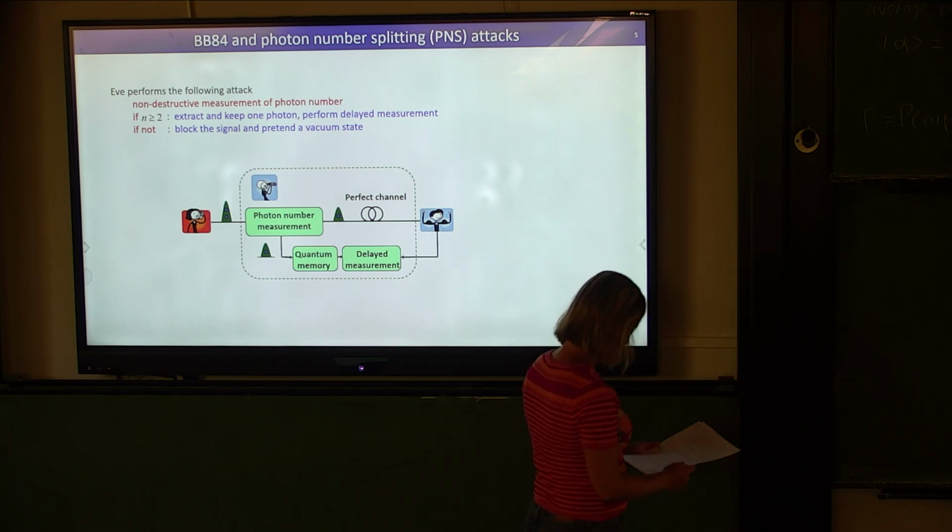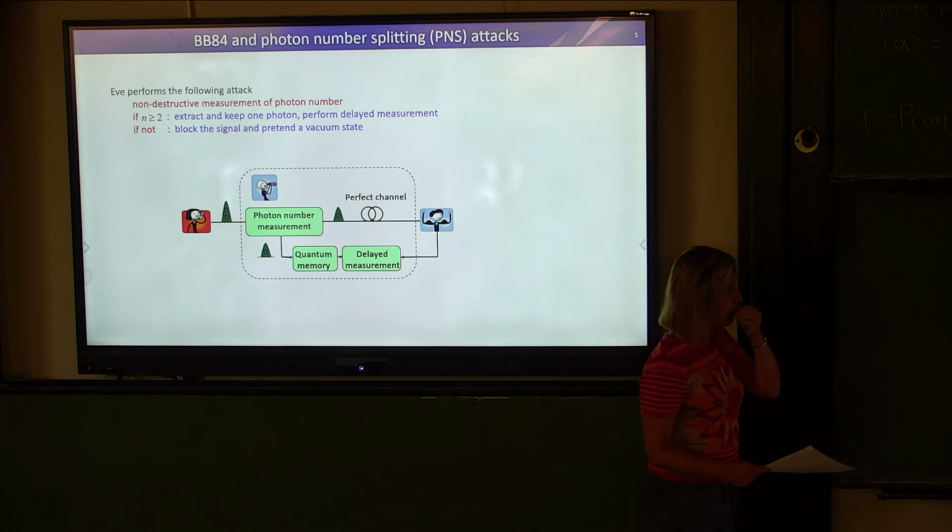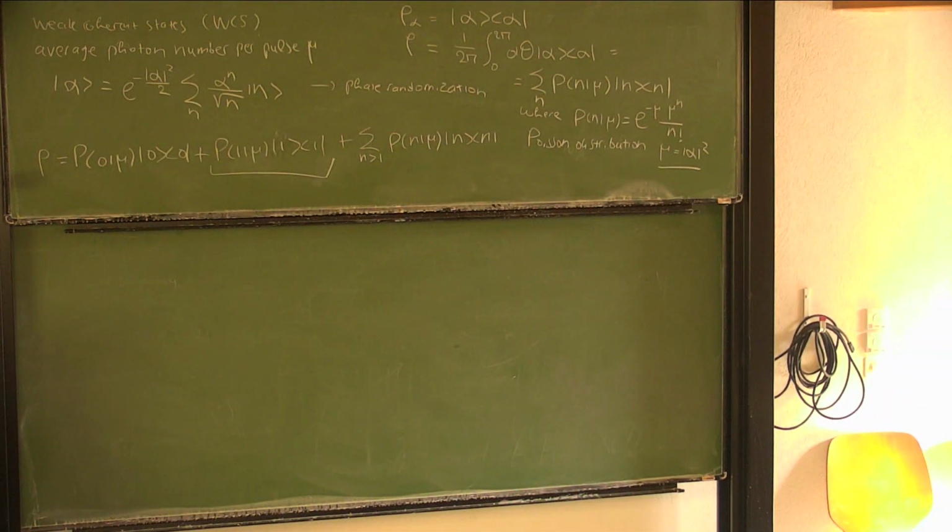So what we know now is that the quantification of the information leaked to Eve, in this particular case, must now take into account the fact that it will depend on the number of photons n that are present in Alice's pulse. Essentially, that's what it means, okay?